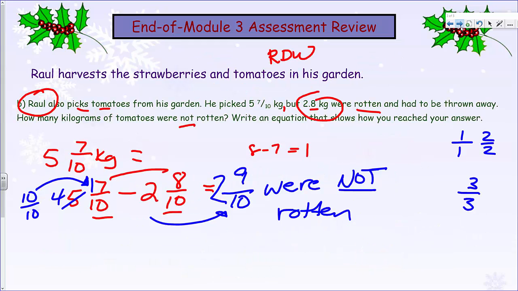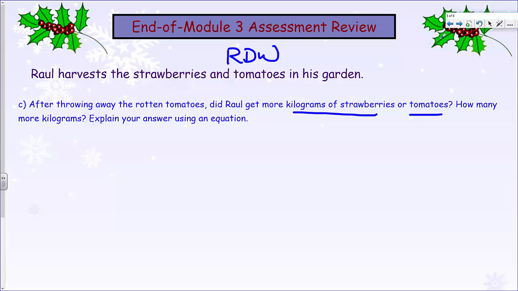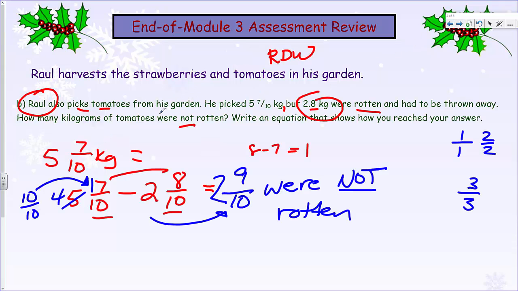Okay, let's jet back to page 5. All right, so that was 9 and 1/9 for strawberries. And then tomatoes, do we determine how many? Well, we have to go back to this page for tomatoes. It says here that 2 9/10 were not rotten.